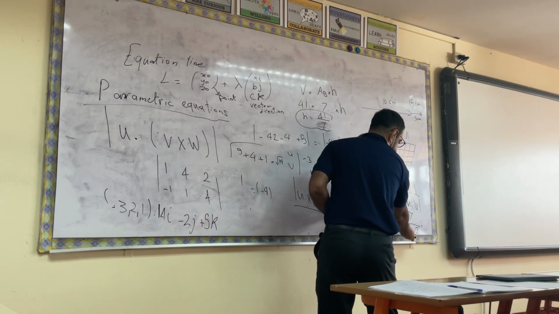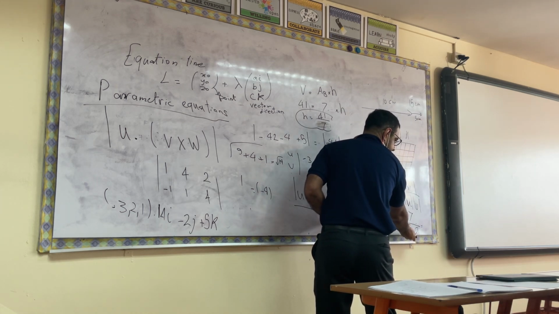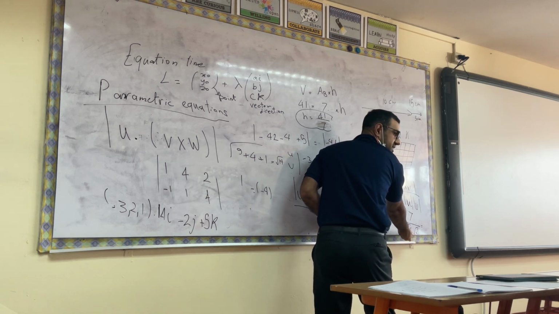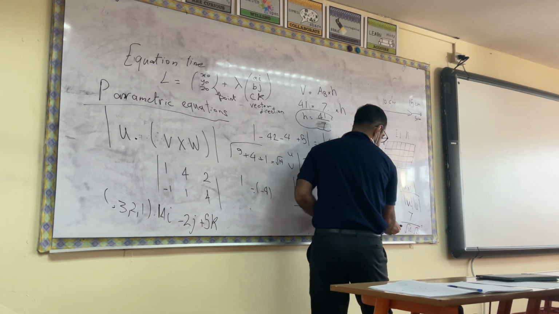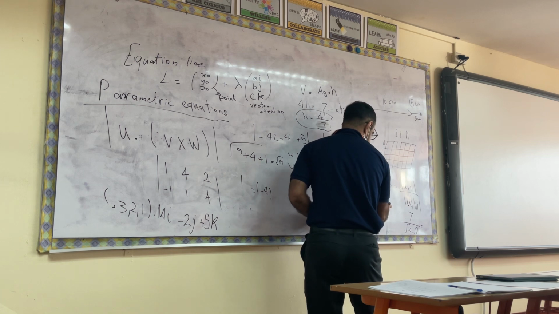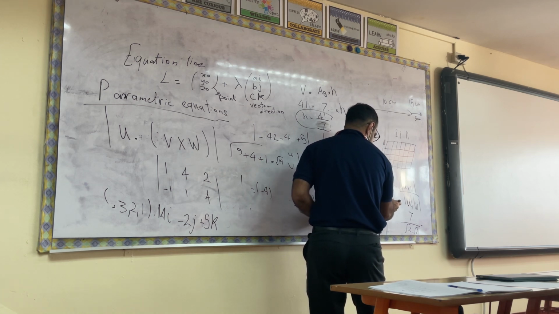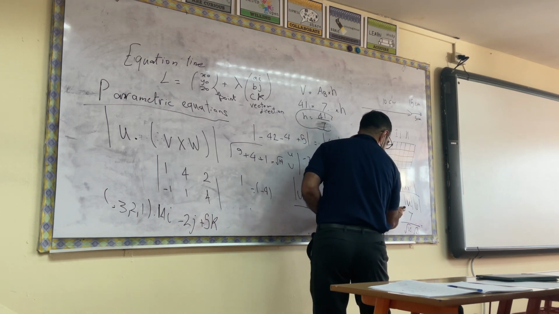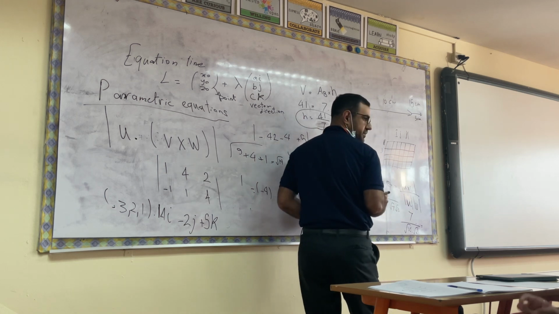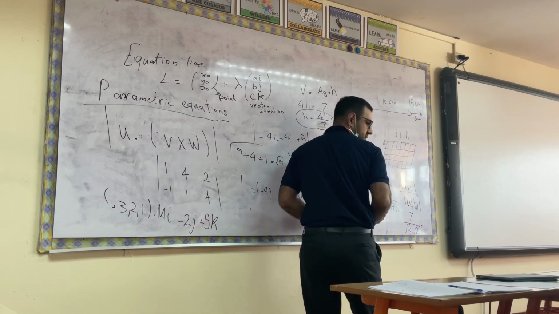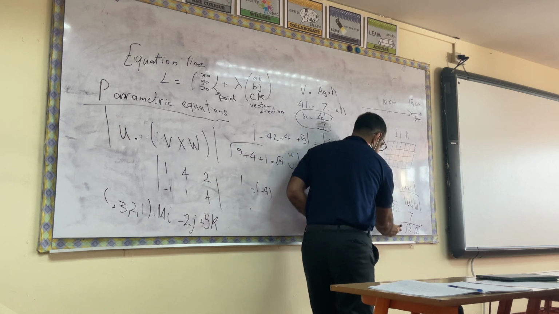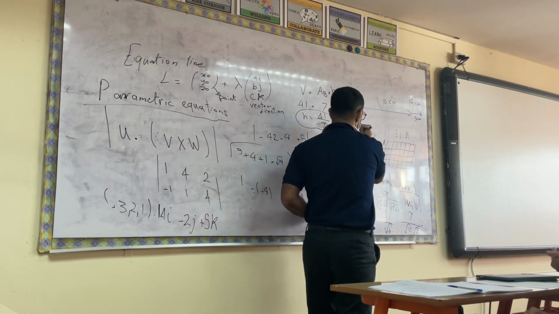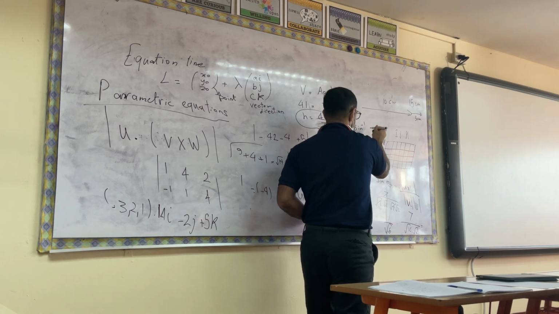Now the trick here: root 14 is root 7 times root 2, and the other one is root 7 times root 3. And here I have 7, right? So it's going to be 1 over root 6. So now you find sine inverse of 1 over root 6 to find the angle.